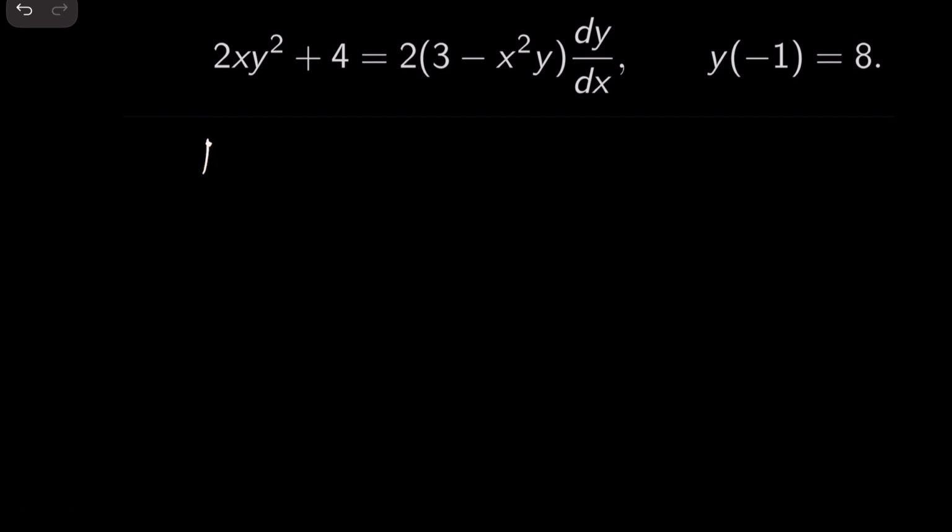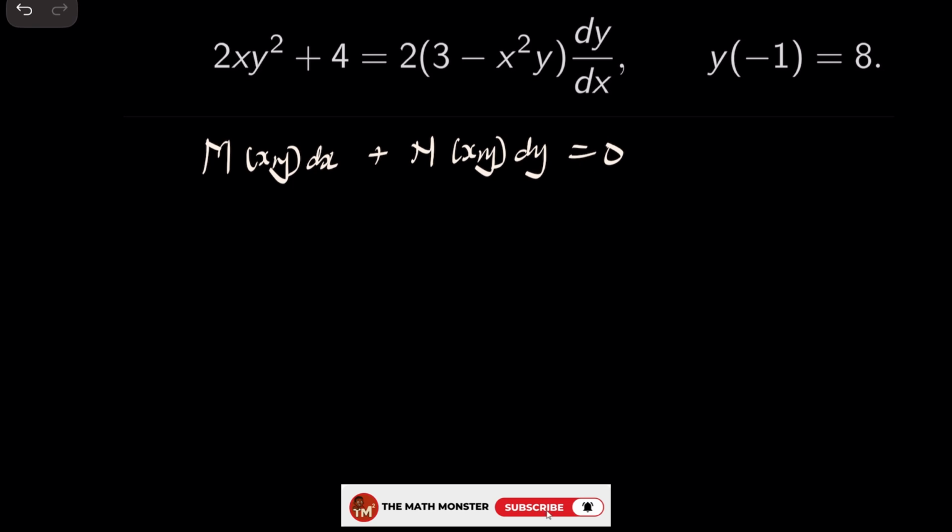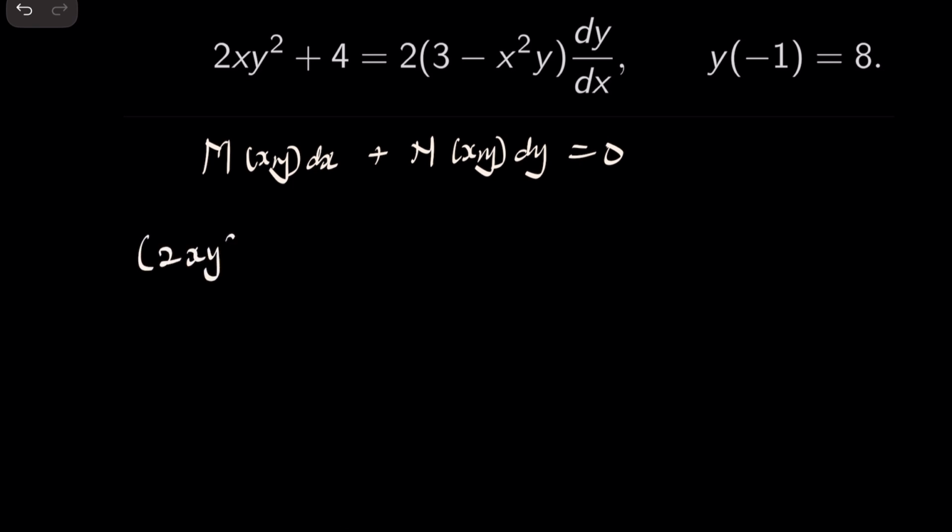So here our first step is to rewrite the equation in the form of m of xy dx plus n of xy dy is equal to 0. And so we first multiply through by dx. So we're going to have 2xy squared plus 4 dx is equal to 2 times 3 minus x squared y dy.